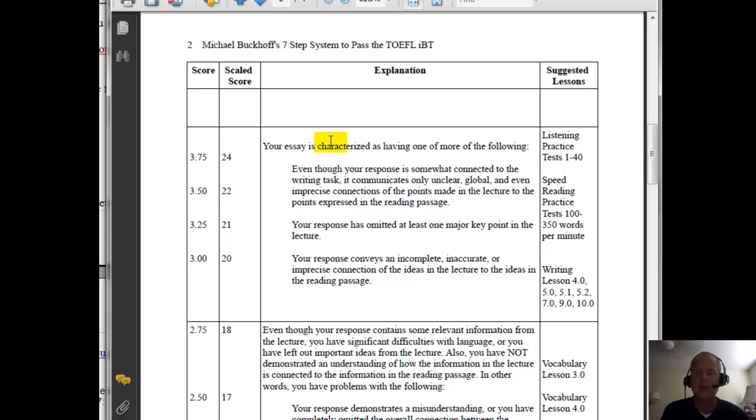Even though your response is somewhat connected to the writing task, it communicates only unclear, global, or even imprecise connections of the points made in the lecture to the points expressed in the reading. Your response has omitted at least one major key point in the lecture. Your response conveys an incomplete, inaccurate, or imprecise connection of the ideas in the lecture to the ideas in the reading passage.